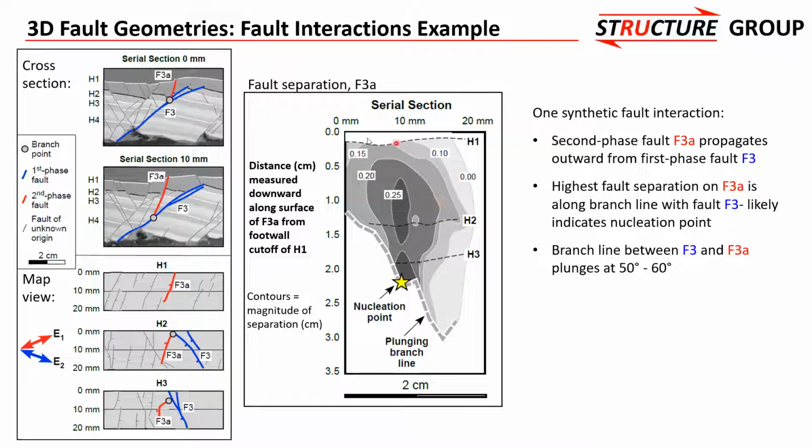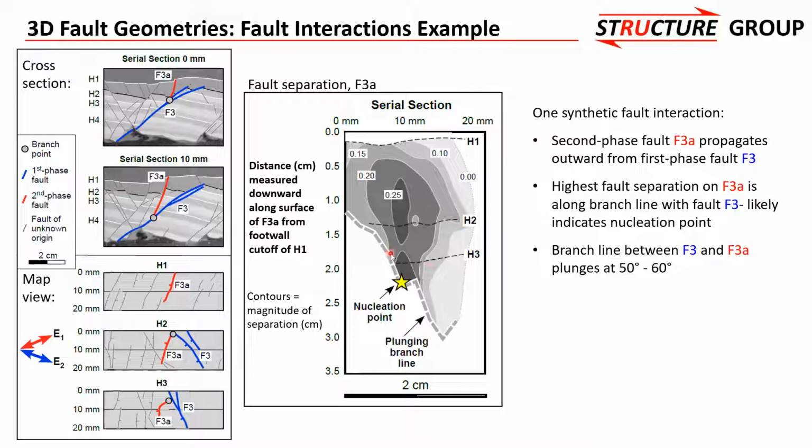Instead of having a nice bullseye of fault displacement in the middle, we can see the highest displacements right where it branches from fault F3. So from this, we assume that this is the nucleation point, and then the fault propagated outward from this location. It propagated upward, starting just before the 10 millimeters, and then propagated towards 0 millimeters and 20 millimeters.